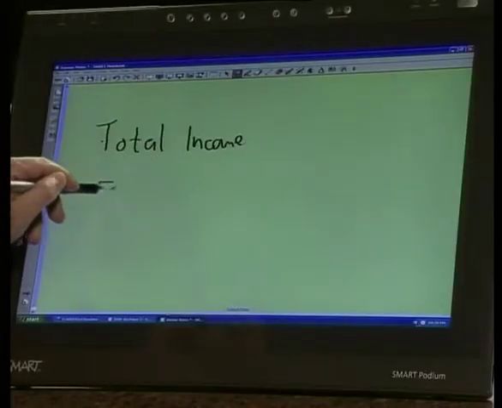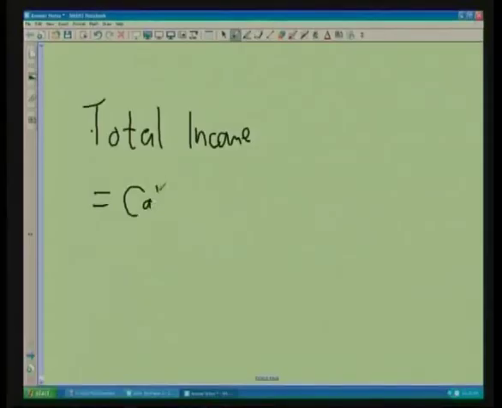So what we've got to do is say we want the number of people multiplied by the price per category. So let's start off here. Total income will equal category 1 price times number of people.